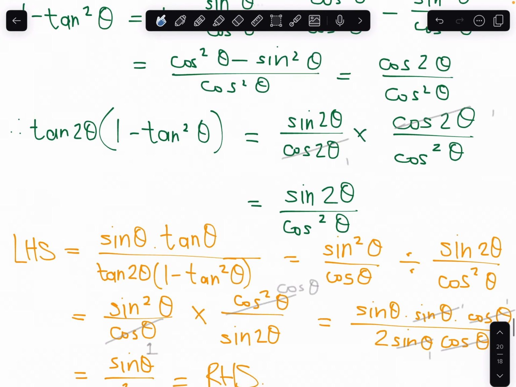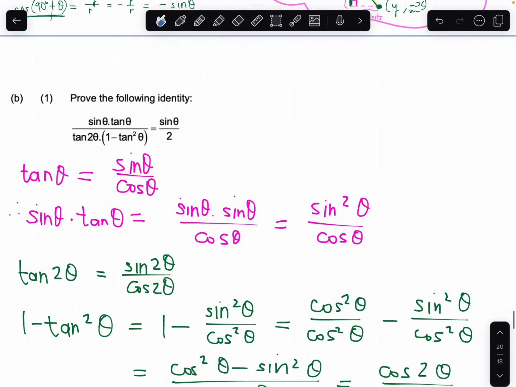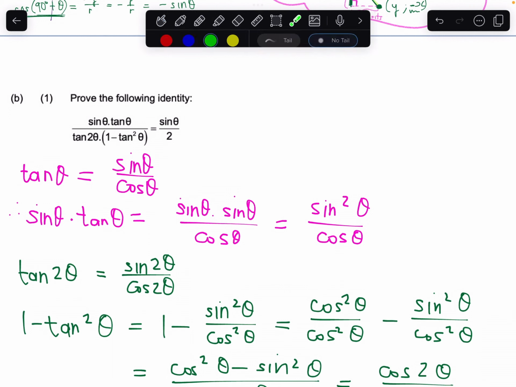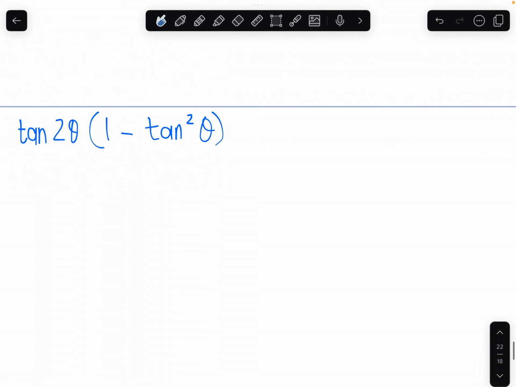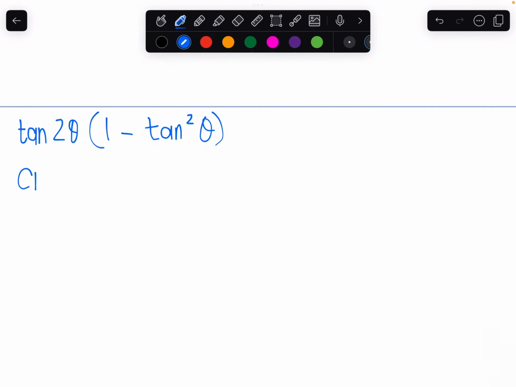Okay, yes. So the identity will not be valid in 2 cases. The case where tan itself is not defined, and also the case where this denominator is equal to 0, because then we will be dividing by 0, which is a no-no. So let's start with the case of tan being undefined.